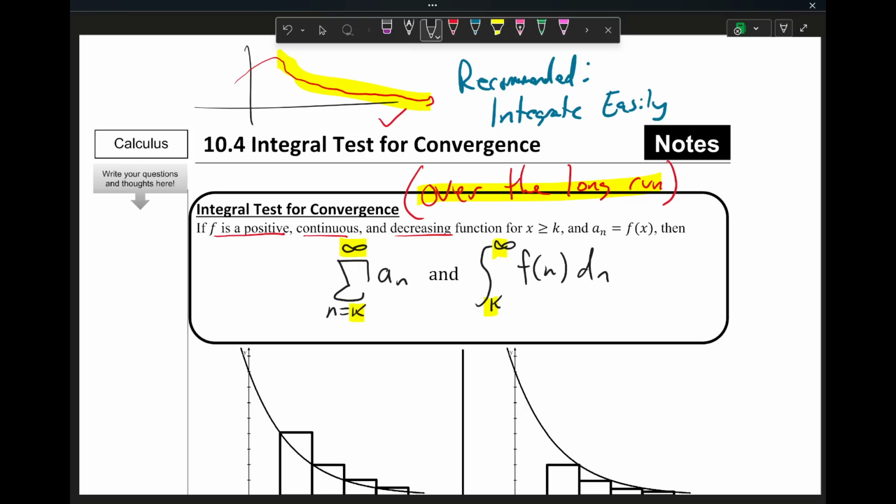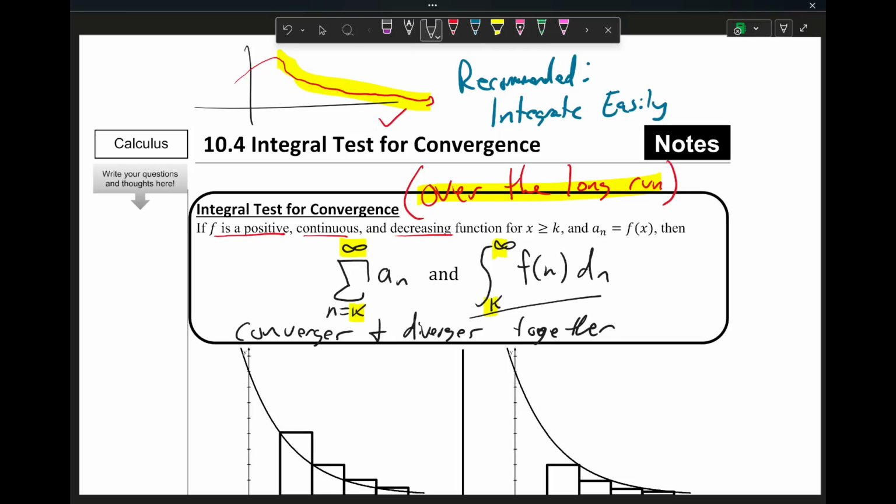So basically we're going to do this work, and we're either going to get a number, meaning that it converges, or we're going to get infinity or negative infinity, which means it diverges. And that is going to be the same as the answer to our infinite series. So if we integrate, see that it converges, the infinite series also converges.